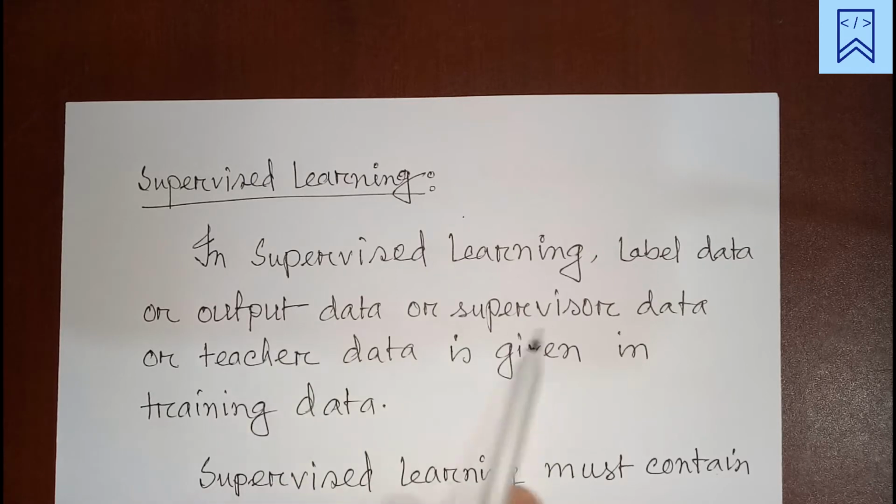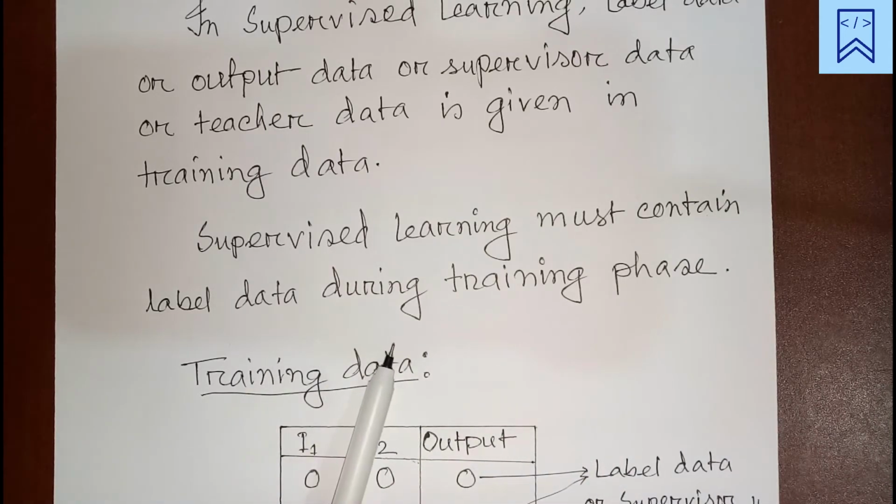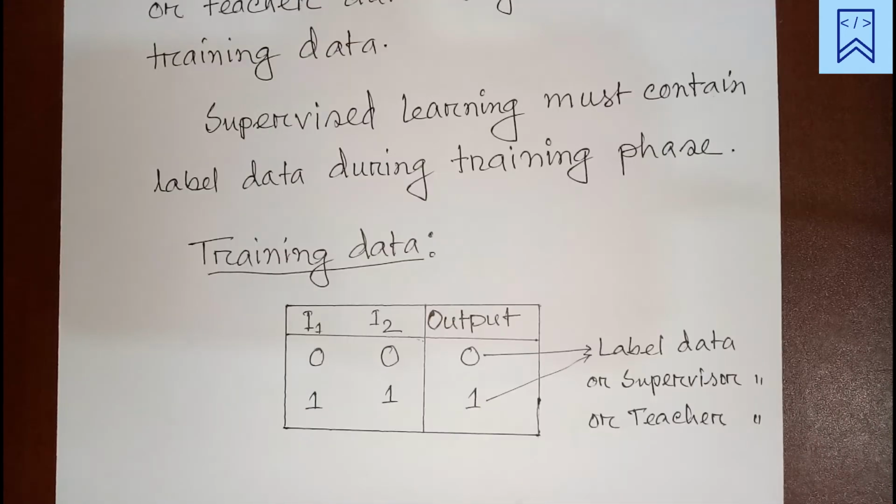So in supervised learning, label data or output data or supervisor data or teacher data is given in training data. Supervised learning must contain label data during training phase. Let us look at the training data. Here input I1 and I2, and this is output column.